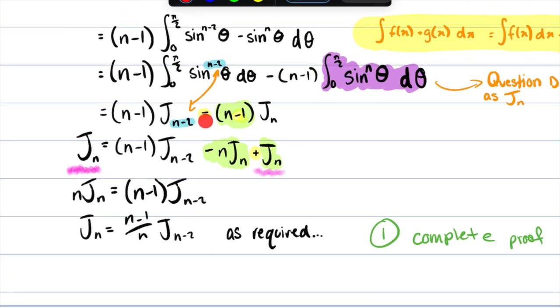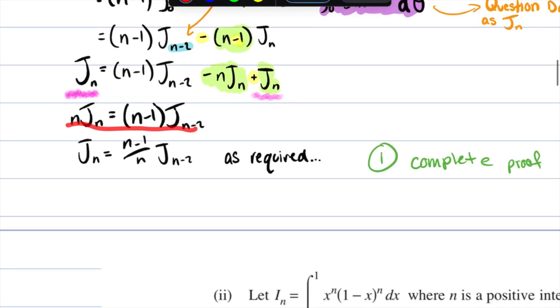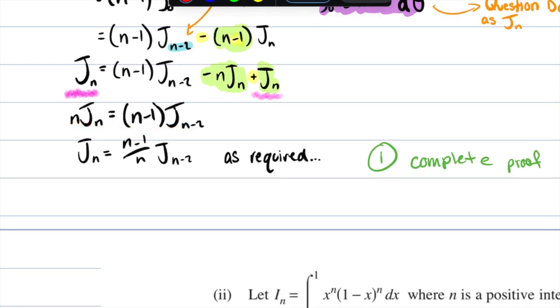Expanding our n-1, ensuring that we carry through our negative properly, we get n-1 j n-2 minus n j n plus j n is equal to j n. We can see that our j n's here will subtract from each other, leaving us with 0, and we can add our n j n to the other side, leaving us with this expression here. Dividing both sides by n, we can see that j of n is equal to n-1 on n, j n-2, which is what the question required us to prove.